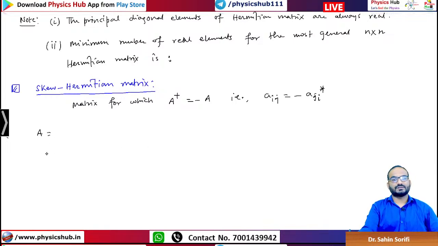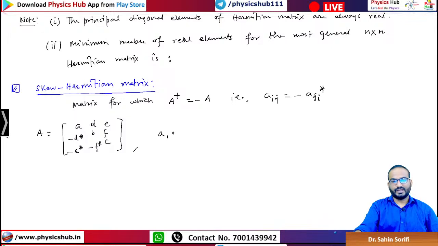If you construct this skew Hermitian matrix with A, B, C on the diagonal, Aij equals minus Aji star. So if I write D, it will be minus D star. If I write E, it will be minus E star. If I write F, it will be minus F star.